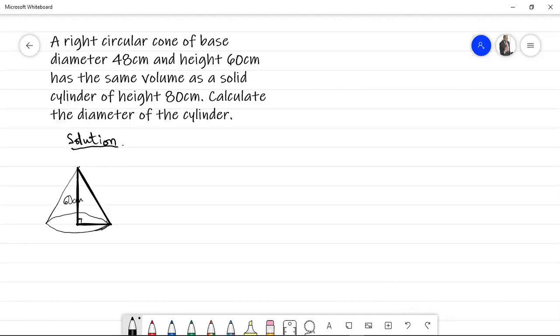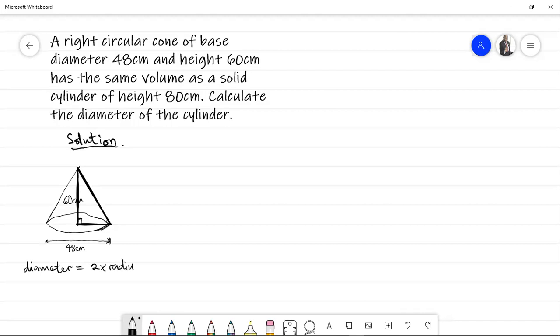The diameter of the cone, which is the length from a point on the circumference of the circular base to another point, passing through the center, is 48 centimeters. We should quickly recall that the diameter of a circle is actually twice the radius.